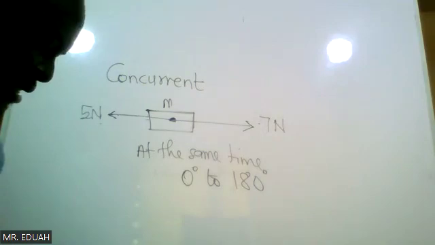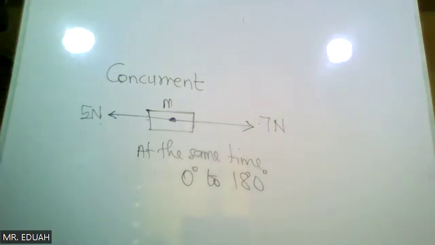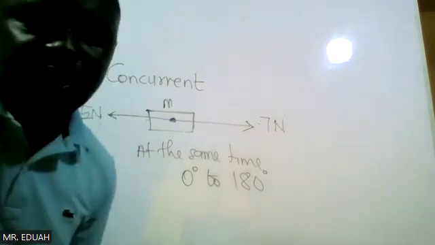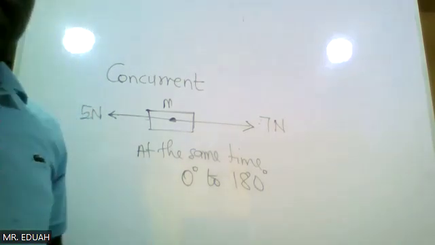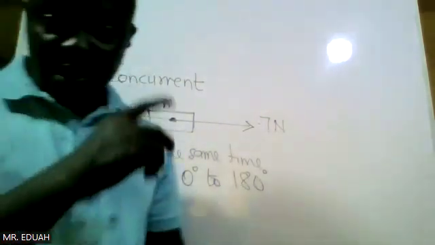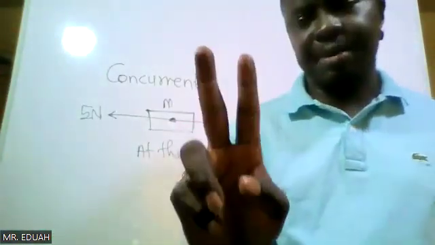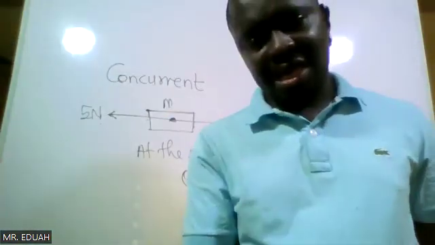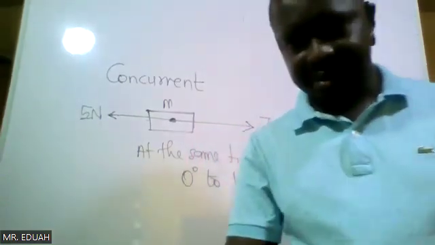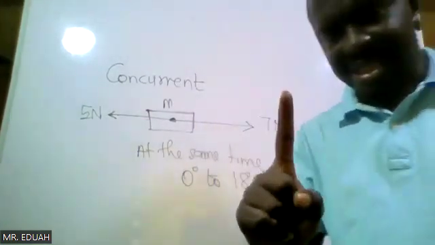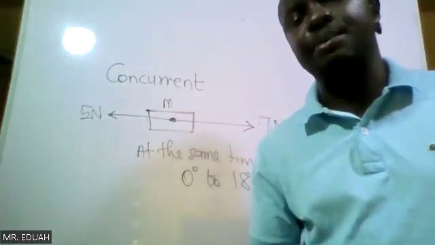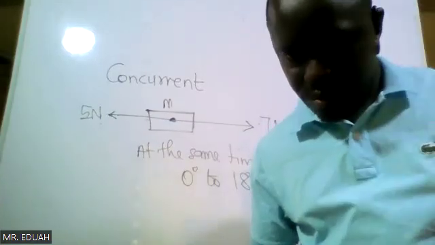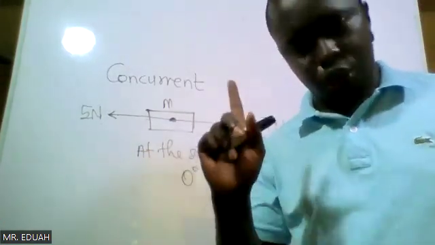The question is saying that as the angle changes from 0, when the angle between the forces is 0, what will be the direction of the two forces? What word will describe their direction when the angle is 0? They are parallel.